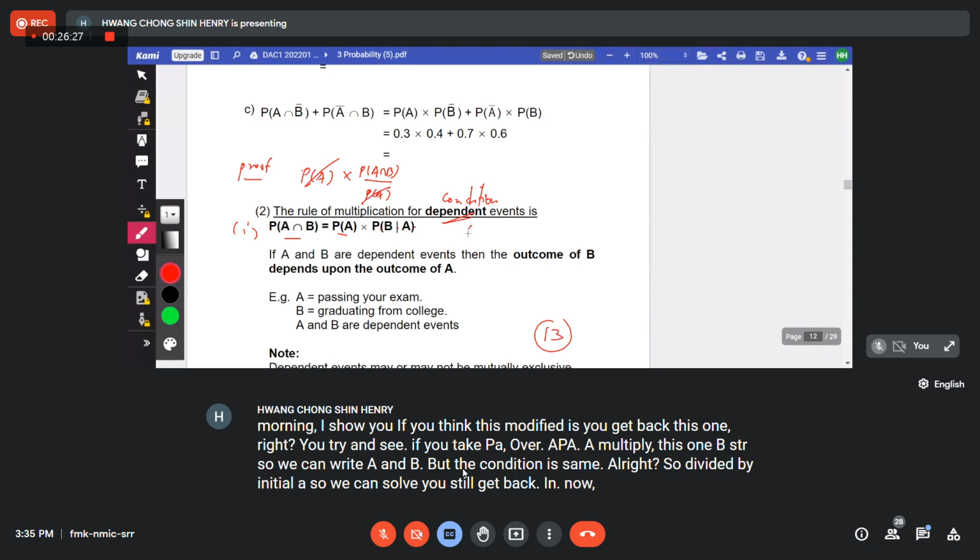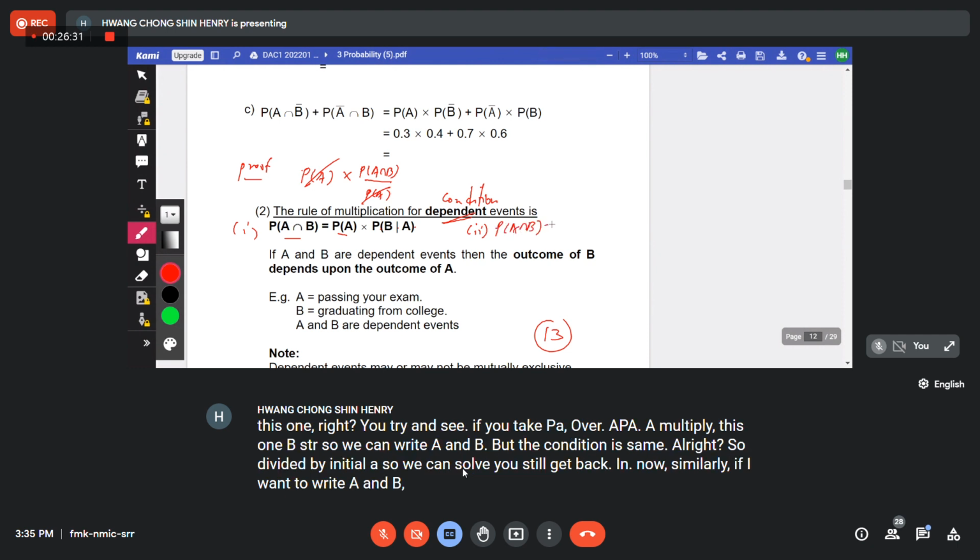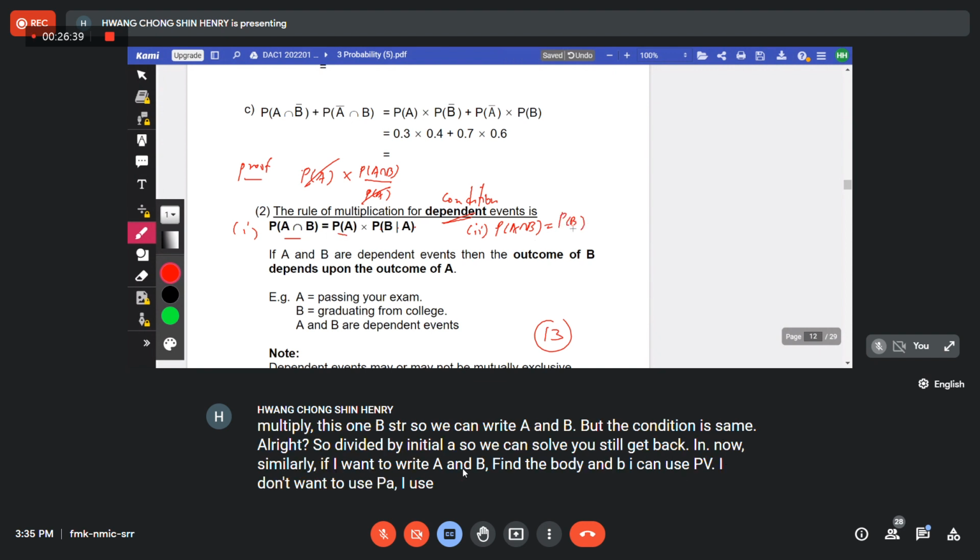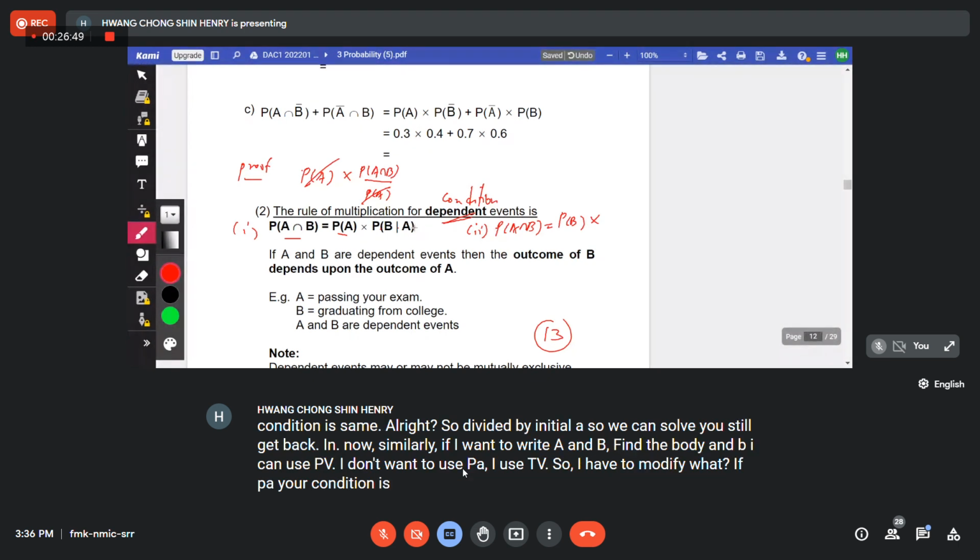Now, similarly, if I want to find P(A and B), I can use P(B). I don't want to use P(A), I use P(B). So I have to multiply what? If P(A), your condition is A. If P(B), your condition is what?